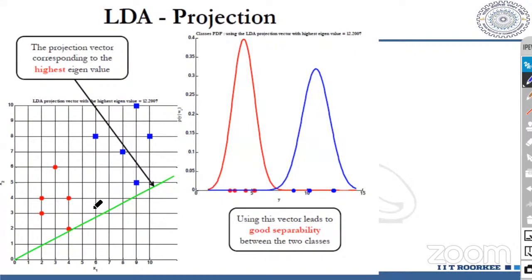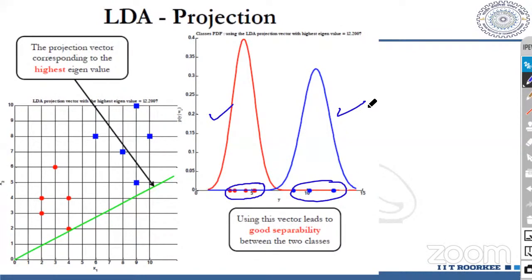When you project them, you will get no problem: here it is red, here it is blue, clearly separable. And if you take the Gaussian out of it, both are very well separable.